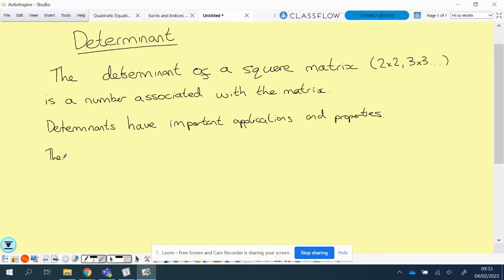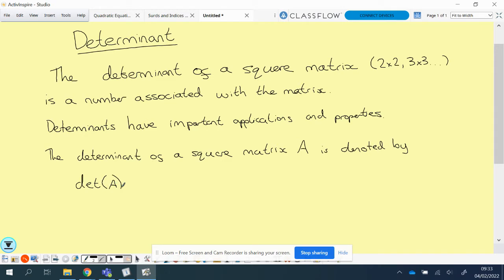The determinant of a square matrix A is denoted by det(A), or we can see the magnitude of A. You normally see the first one a lot more often.